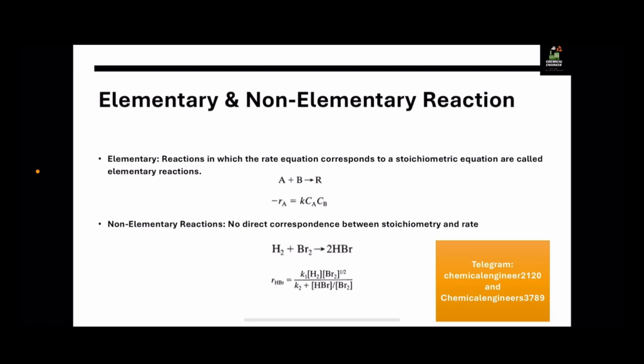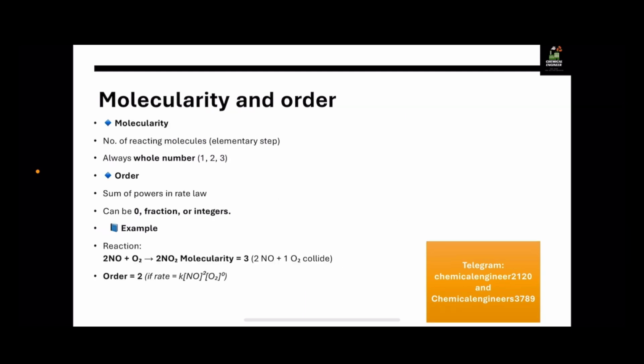Then molecularity and order. Molecularity is the number of molecules reacting, and order is according to the rate law. We are calculating the order. What is the rate law? Let us take this example. It is already written here that the rate is k, the molecules reacting are 3 and the order is 2, because oxygen is a pure state gas, hydrogen H2, chlorine, these all are in the pure state.